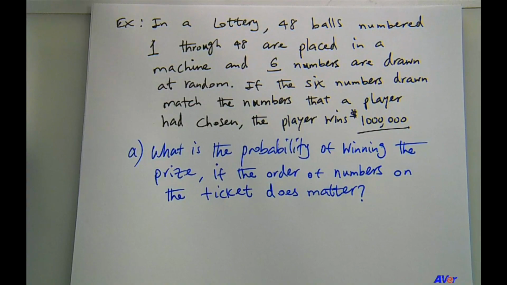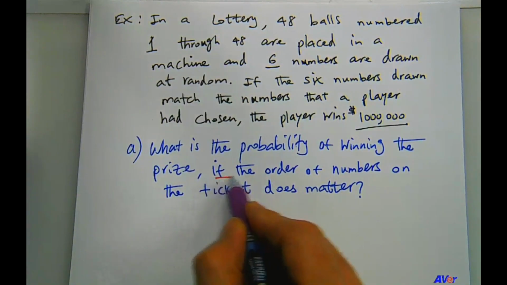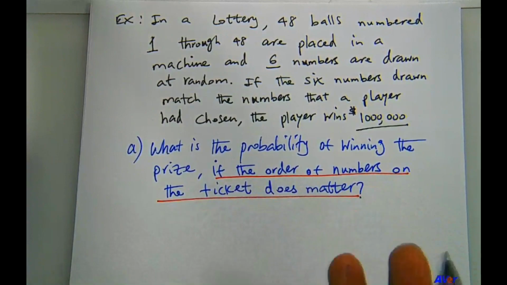We've seen those, right? The round big machines. And 6 numbers are drawn at random. If the 6 numbers drawn match the numbers that a player had chosen, the player wins $1 million. What is the probability of winning the prize if the order of numbers on the ticket does matter? That's the assumption that they make for part A.